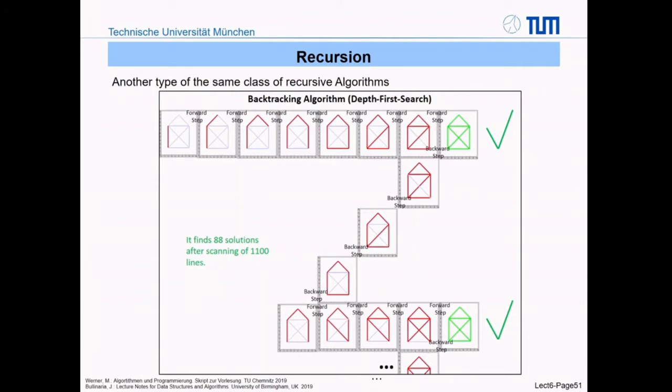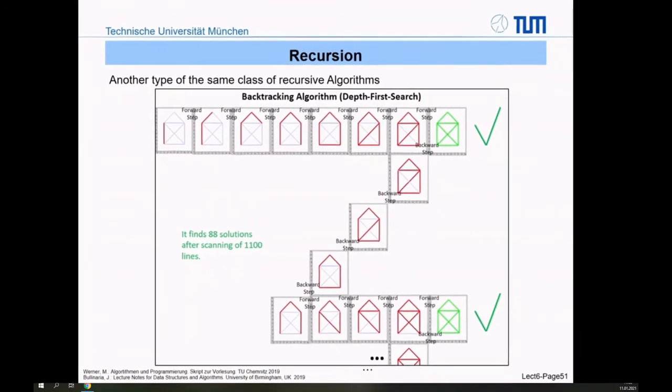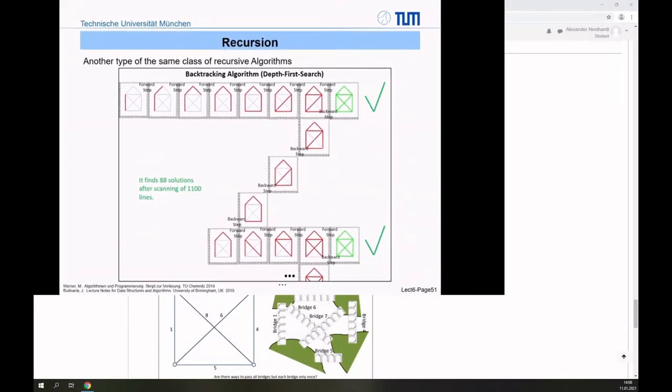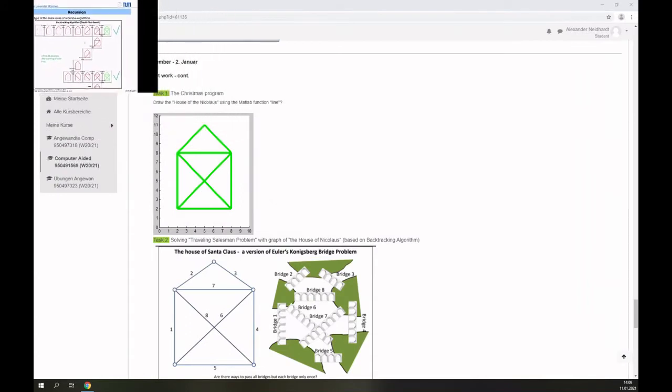And if you do all of this, you will find 88 solutions after scanning of 1100 lines. If you watch the graph, you can improve this. If you find symmetries or whatever, then you can reduce the problem size, and therefore you can speed up your code tremendously. Okay, so you don't have to search all of the possibilities.